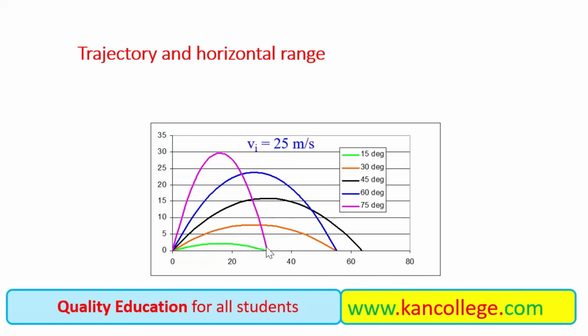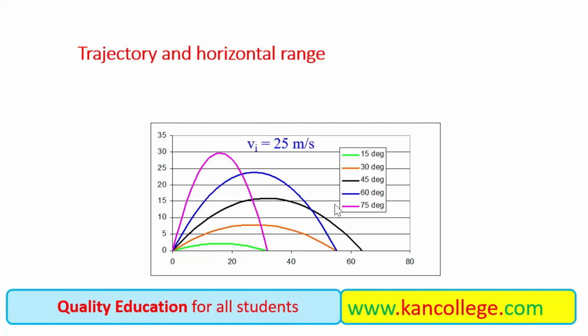The green line shows that at 15 degrees, the range is less, almost 30 meters. By increasing the angle to 30 degrees, the range further increases to 60 meters. By increasing the angle to 45 degrees, the range further increases to almost 62, 63 meters.